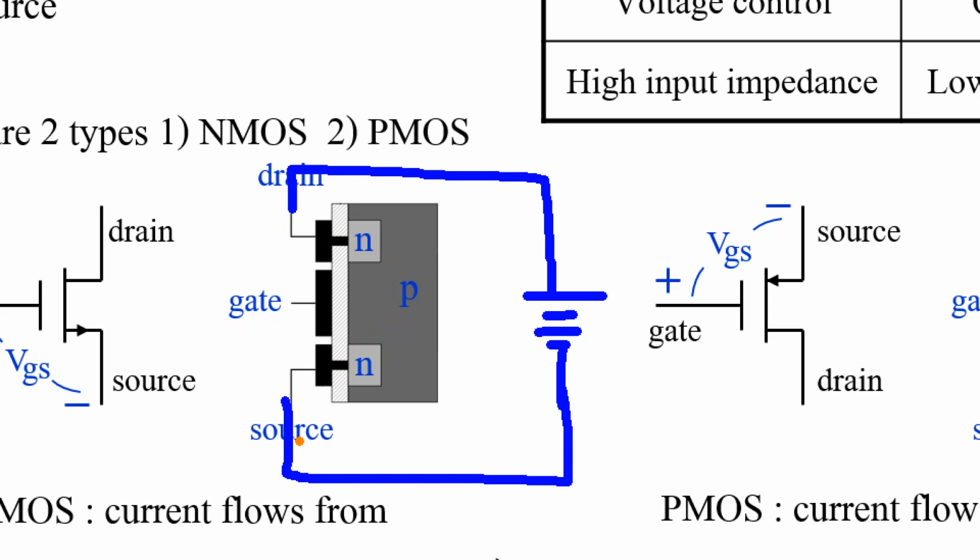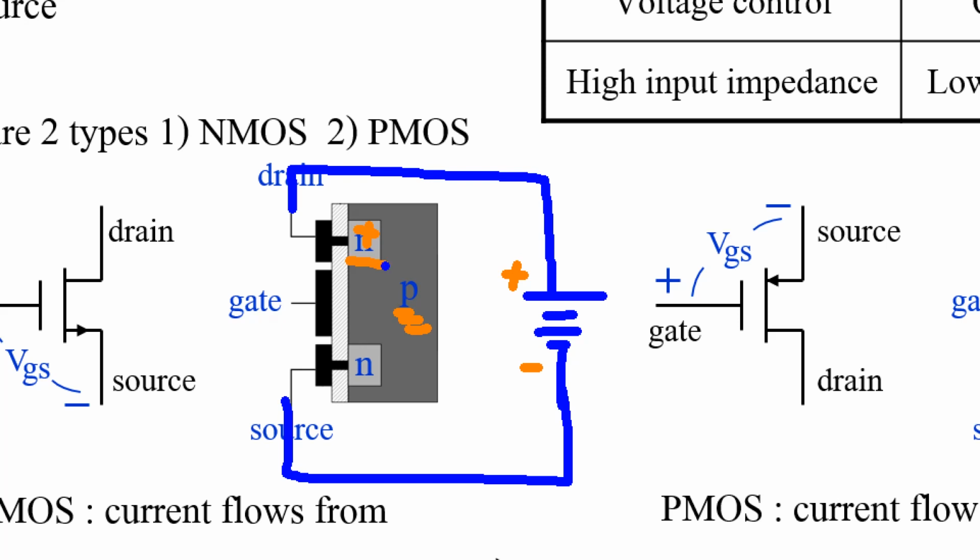Yes or no? Let's consider. Now positive at this side, negative at this side, right? That means this end is at a higher voltage potential than this P, right? So it is reverse biased. That means this junction cannot conduct the current.